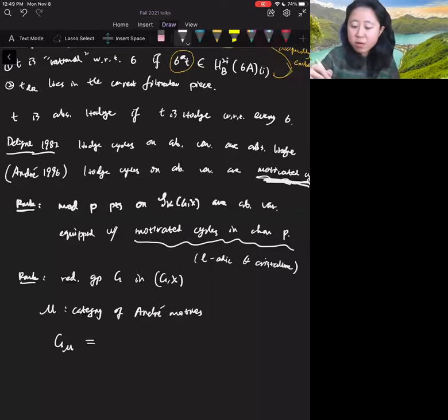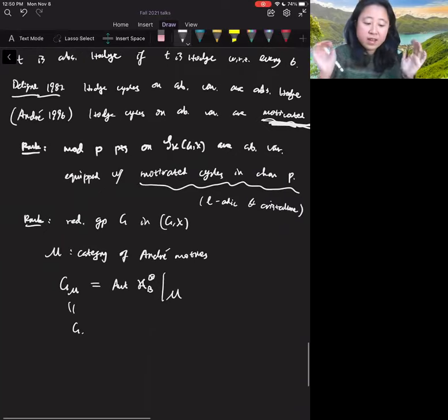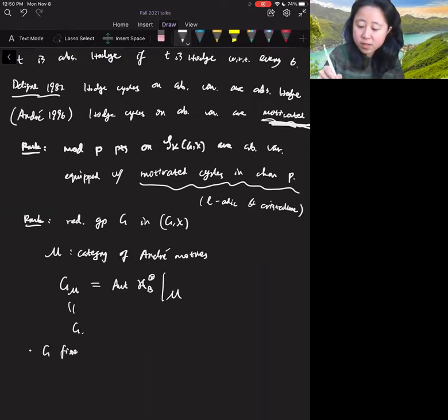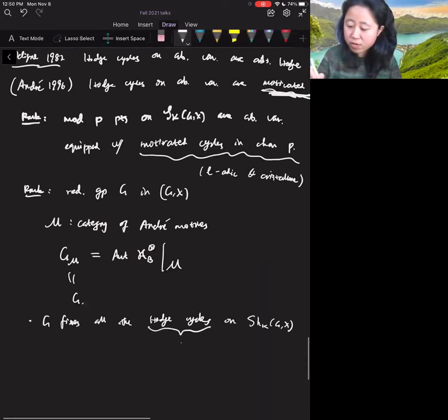we also need to choose some fiber functor. Let's say we choose the Betti realization functor. Then this Tannakian group is isomorphic to your reductive group G. This says that G fixes all the Hodge cycles on your Shimura variety of Hodge type, or, by André's result, these are the same as motivated cycles.